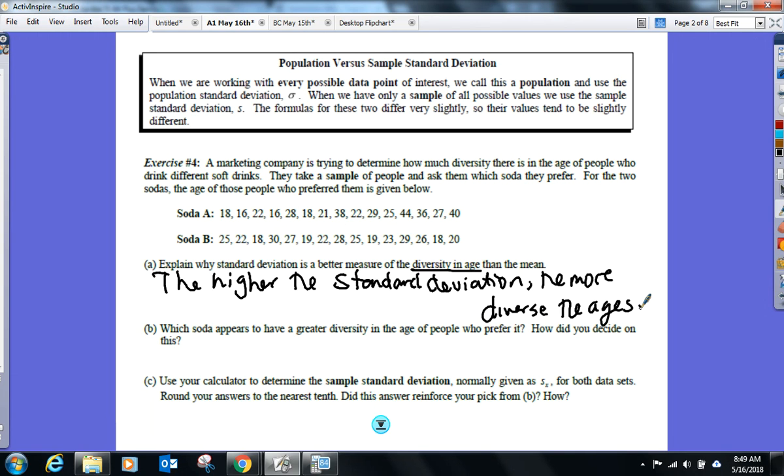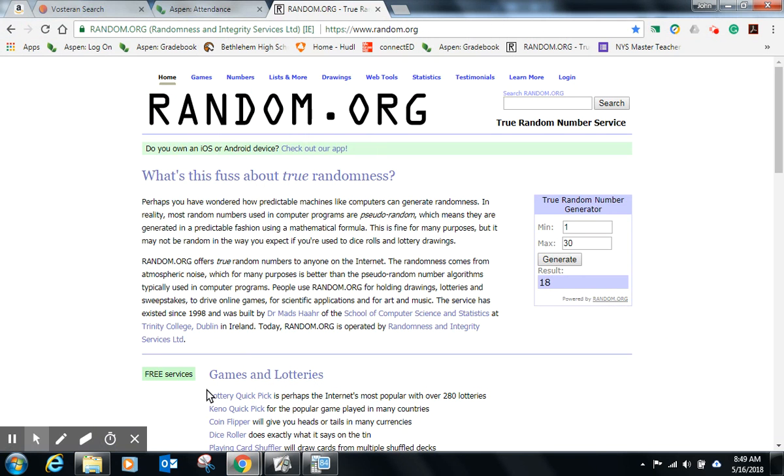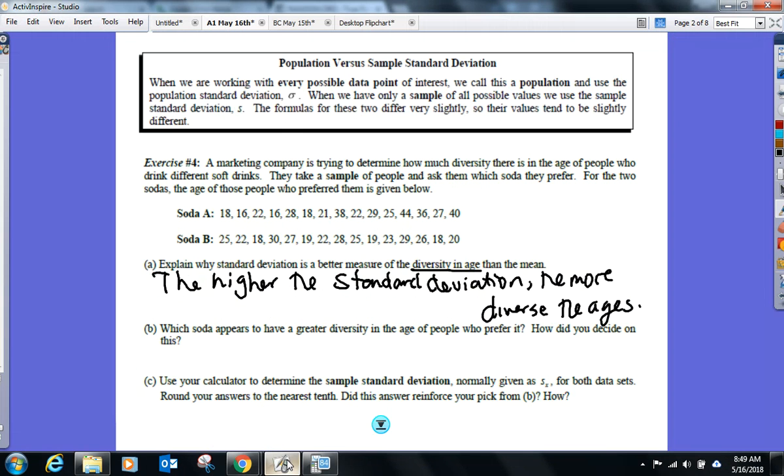I'm going to call on you guys now. Which soda appears to have the greater diversity? Which soda appears to have the greater diversity in age? Thoughts? 21? Greater diversity. What's that? I agree too. Why'd you say that, Callie?